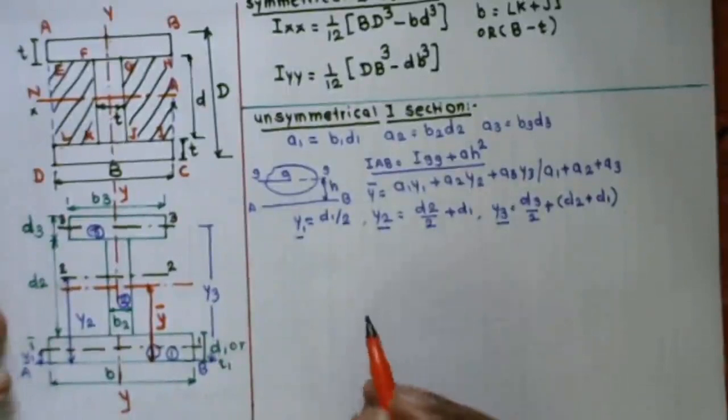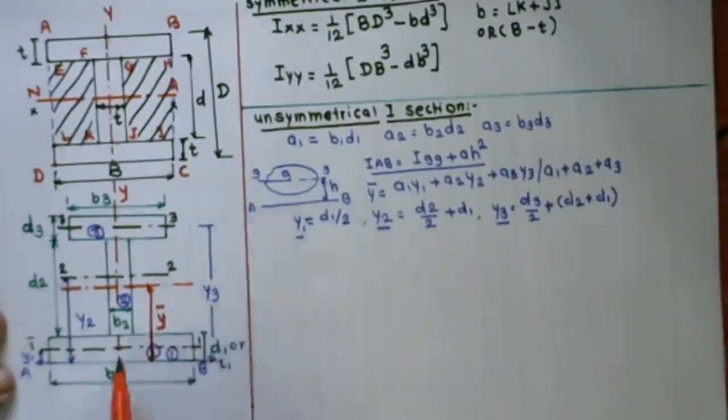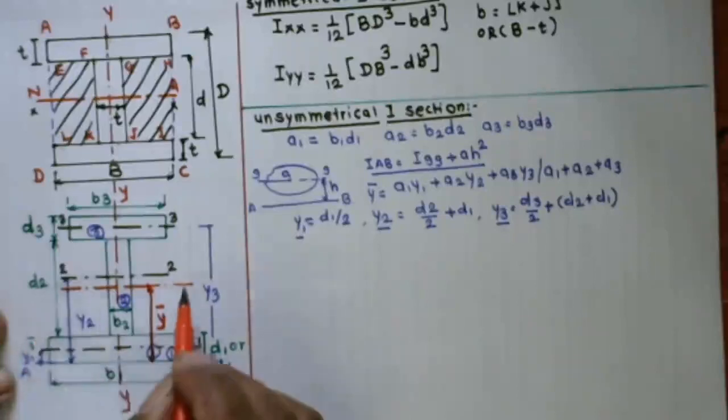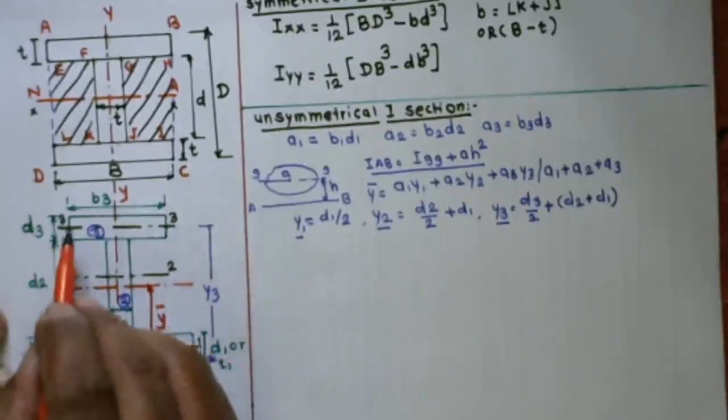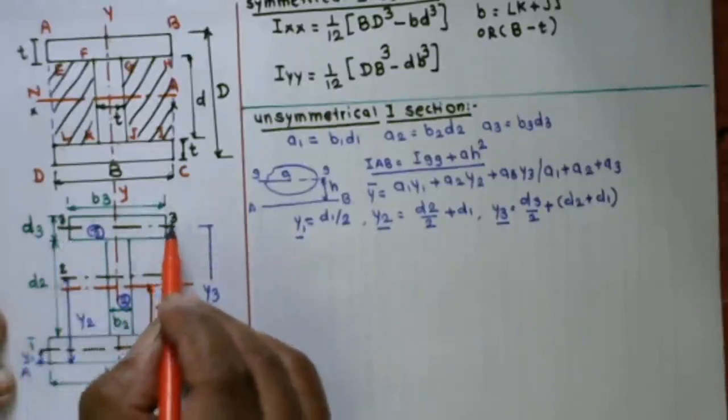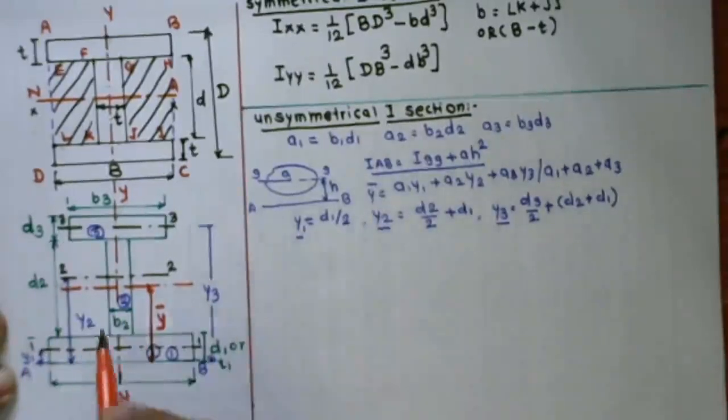After that, you have to calculate Ig1, the moment of inertia about axis 1-1, Ig2, the moment of inertia about axis 2-2, and Ig3, the moment of inertia about axis 3-3.